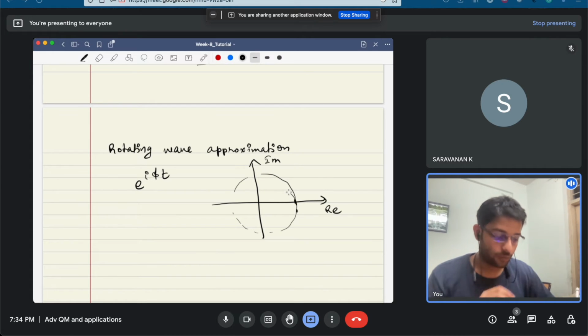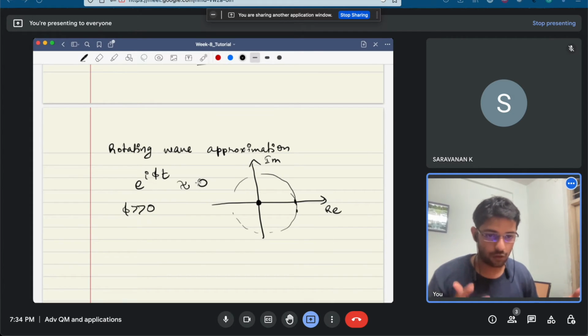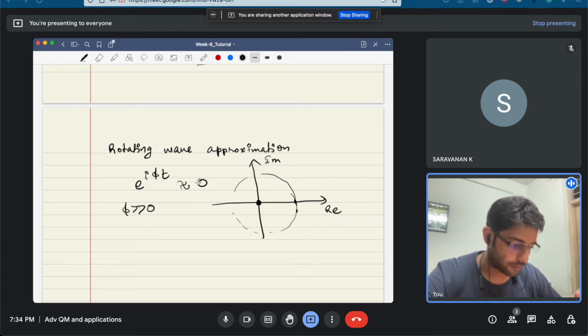Okay, now if phi is much greater than 0, then the average of this rotation comes out to be at the center, which is 0. So this essentially becomes 0. Whenever phi is much greater than 0, it averages out, and whenever phi is closer to 0, only those terms we need to consider. This is what we call the rotating wave approximation.